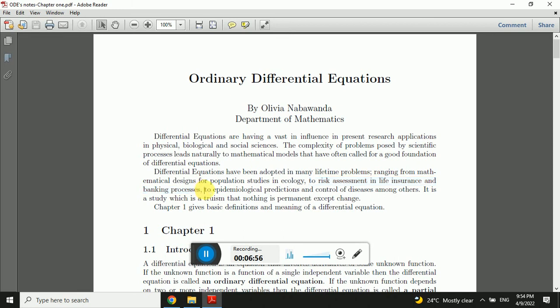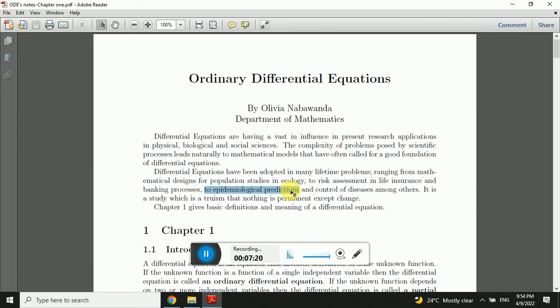Then another application is epidemiological predictions. Now these are disease-related mathematical models. One example is COVID-19. Then we have models for HIV, models for malaria, models for this disease in Western Africa, Ebola.